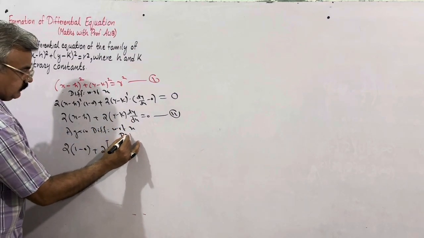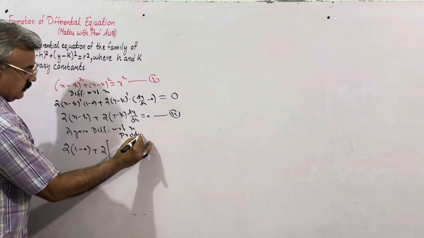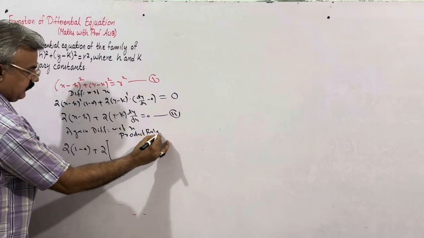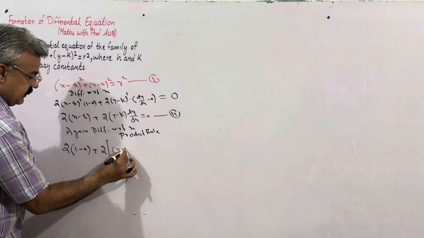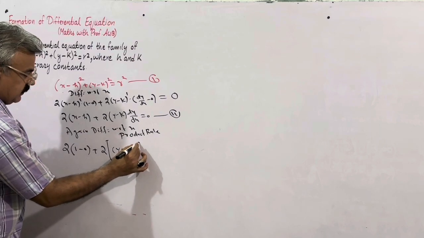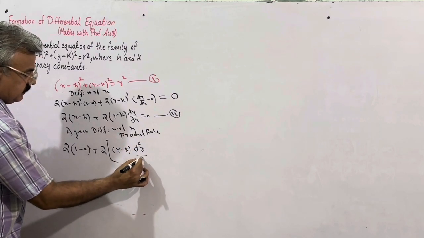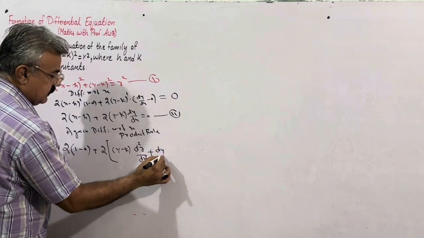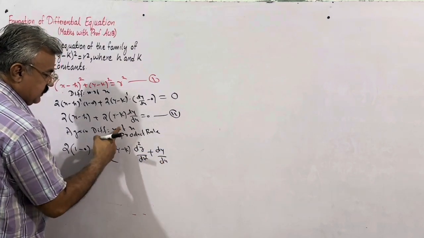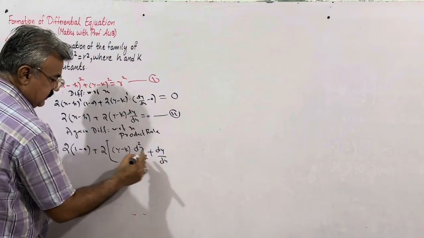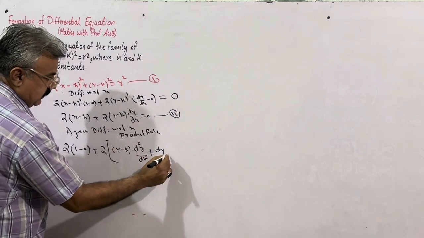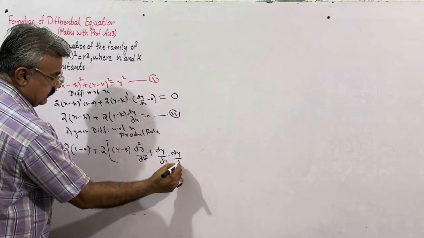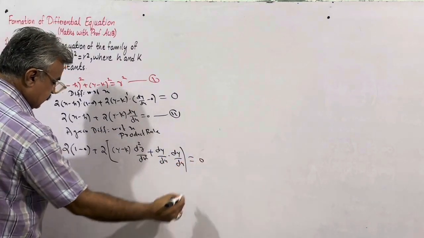Apply the product rule: first same, y minus k, differentiation of dy over dx is the double derivative d square y over dx square, plus dy over dx, second function same, differentiation of y minus k is dy over dx, k is 0, is equal to 0.